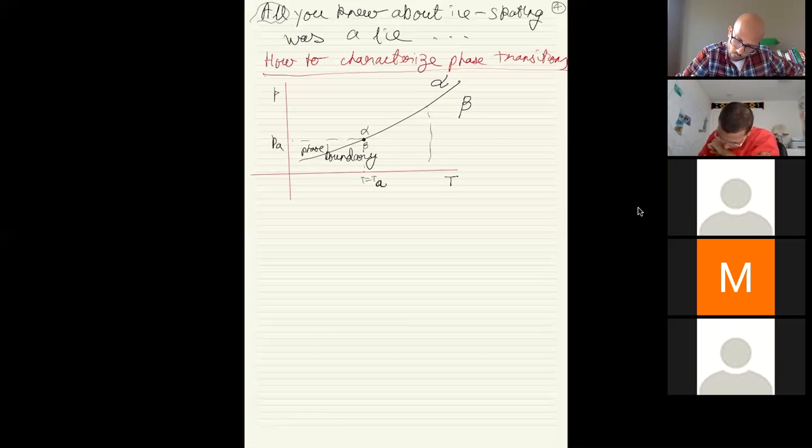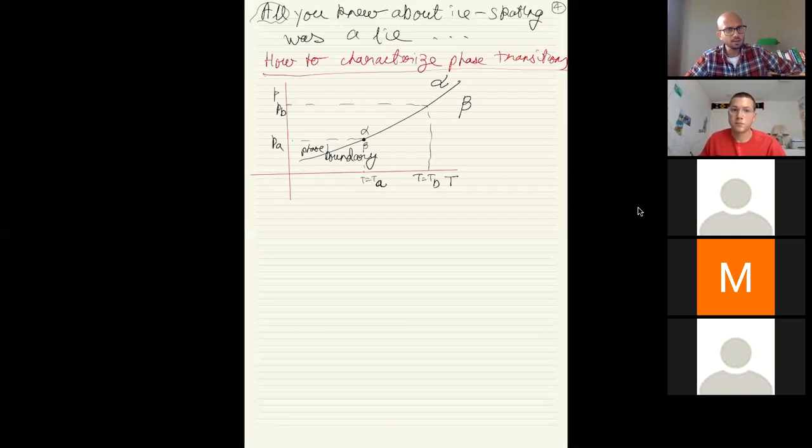But if you go to a temperature T equal to TB, the transition happens at a certain pressure PB. And it is telling you how much the pressure for the coexistence of alpha and beta changes with temperature.